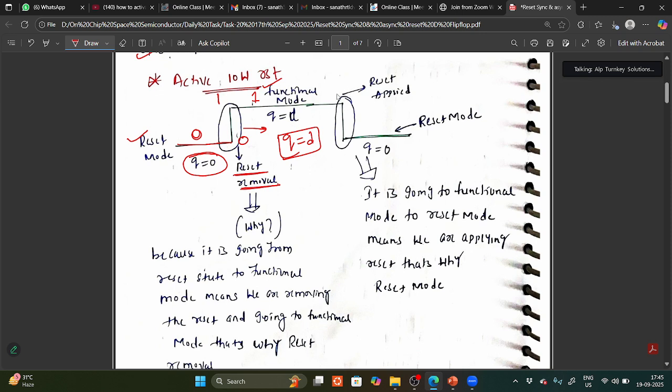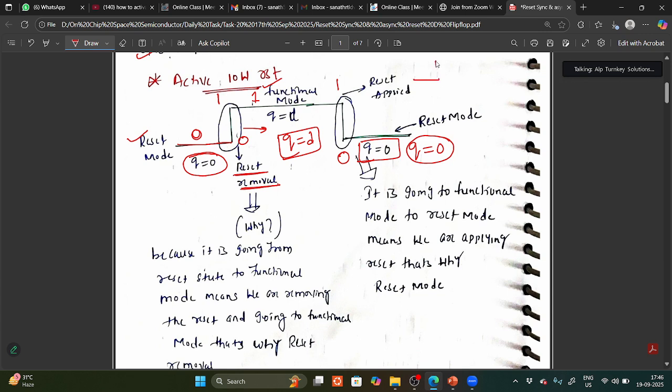When it is going from 1 to 0, it is going from functional mode to reset mode, and q becomes 0. That is reset applied.